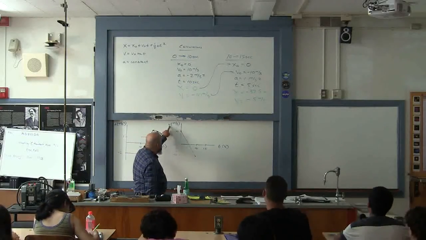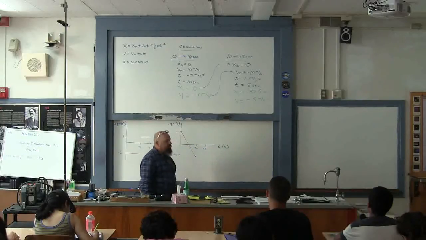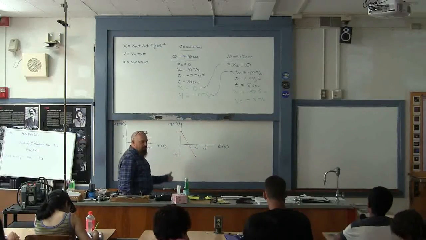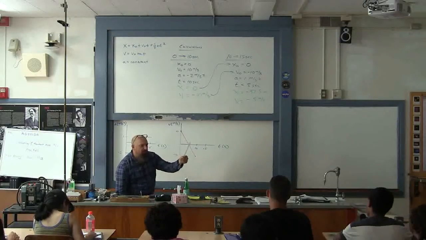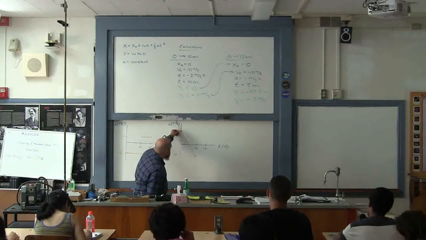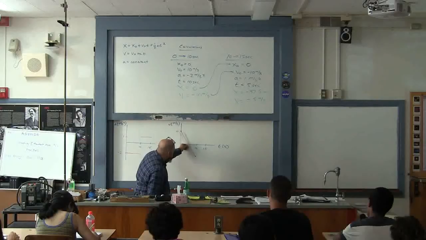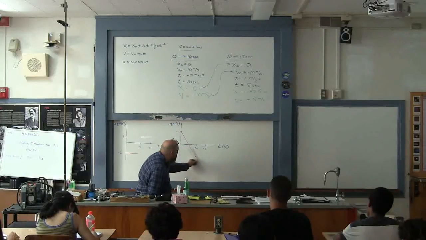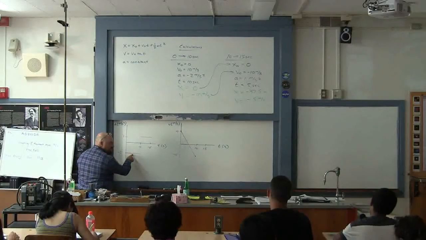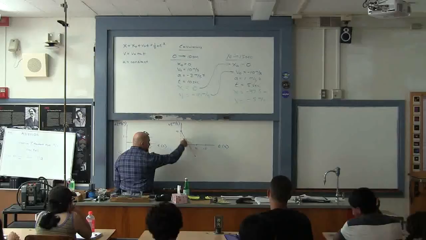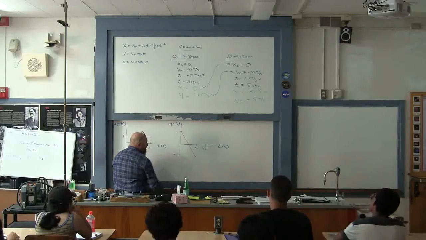On a velocity versus time graph, the slope of the tangent line is the acceleration. Think of the tangent line as the ruler's edge here. Notice that the slope of the ruler's edge over this 10-second time interval never changes. It's a constant value of negative 2 meters per second squared. This right here is the derivative of this.